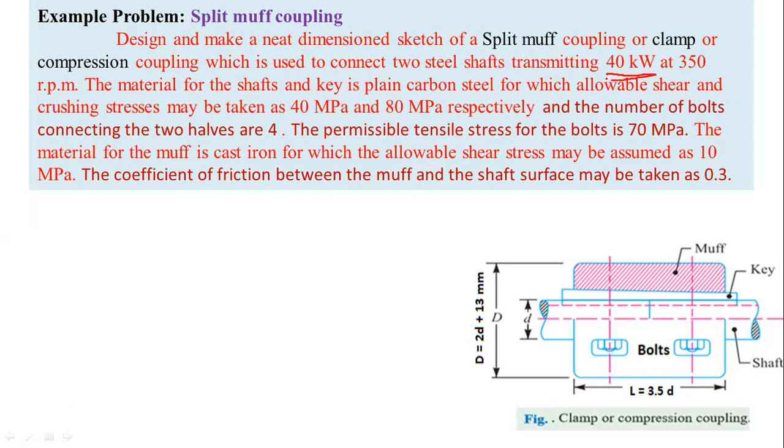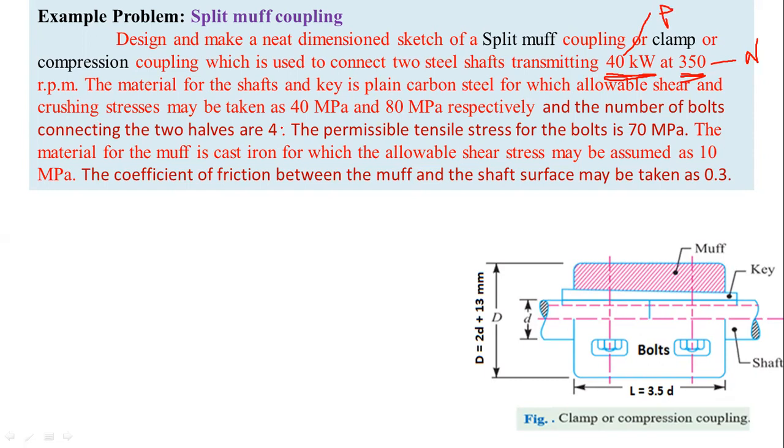The power transmitted by the shaft is 40 kilowatts, that means 40,000 watts, and the speed of the shaft is 350 rpm. That means n equals 350 rpm, and power P equals 40 kilowatts.